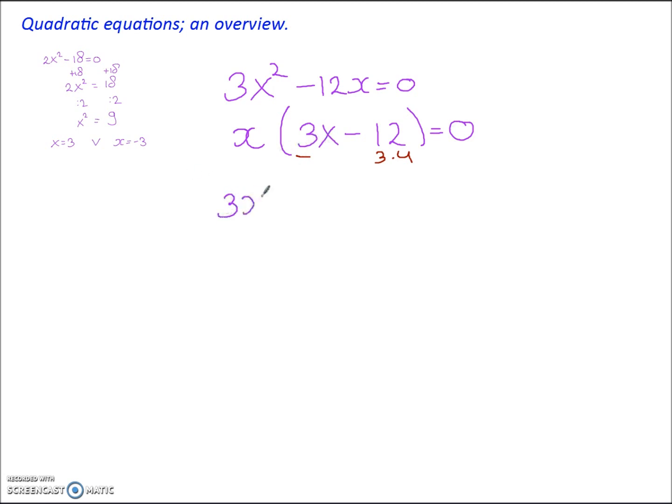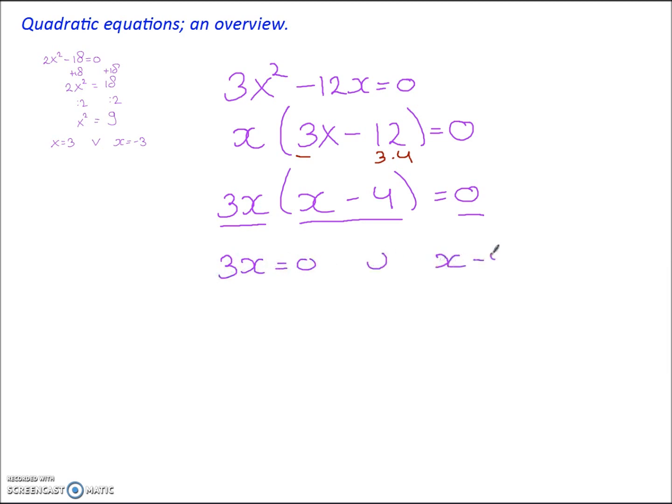So I can get 3x times x minus 4 is equal to 0. Now we can use a little something which we will often use in quadratic equations, which is one thing times another thing is equal to 0. So one of these things should be 0. So either 3x is 0 or x minus 4 is 0.